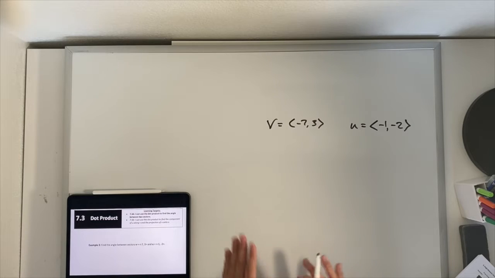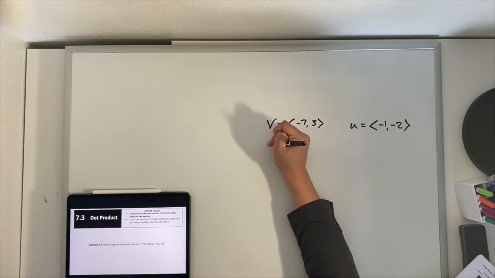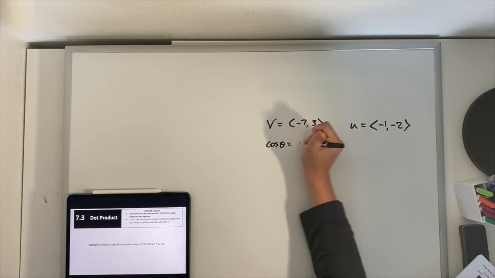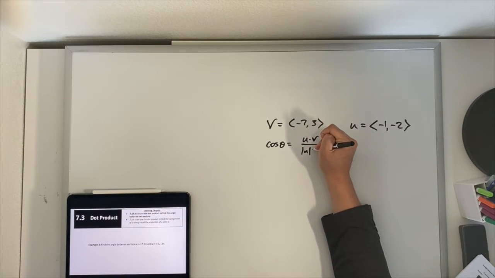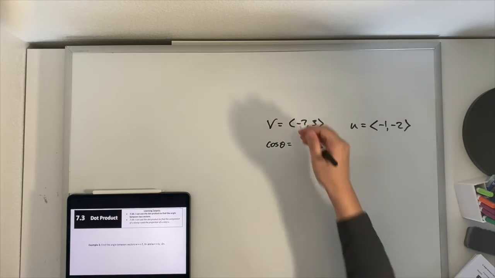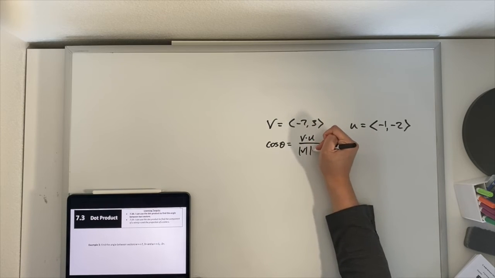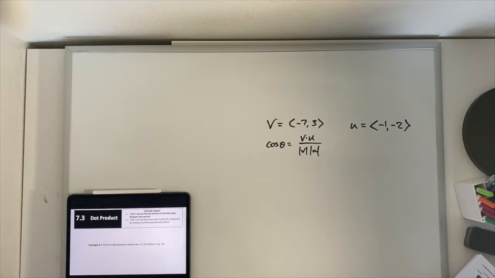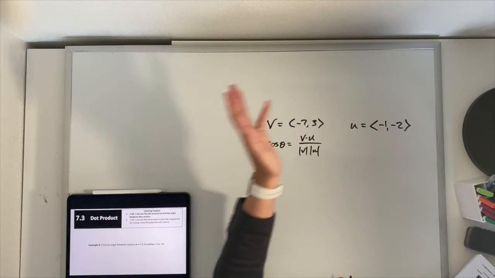We're not talking about points here, we're talking about a vector, so we do have to use this special notation. Now, if we want to find the angle between these two vectors, then we're using this formula. And I wrote v first just because we listed v first.